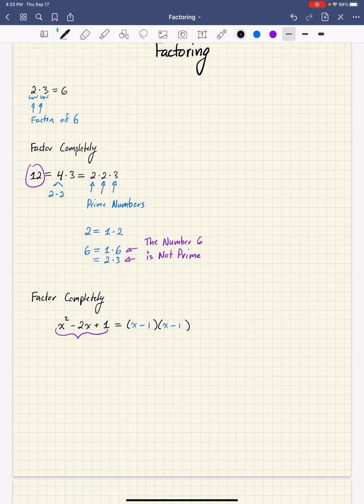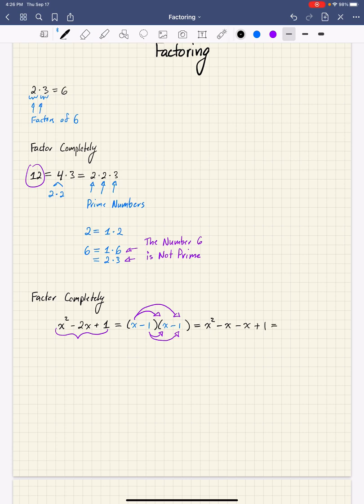But if you want me to prove it, I will go ahead and FOIL this out for you. So we're going to start by multiplying the first term, second term, third, fourth, and what we get is x squared minus x, again minus x, plus 1.